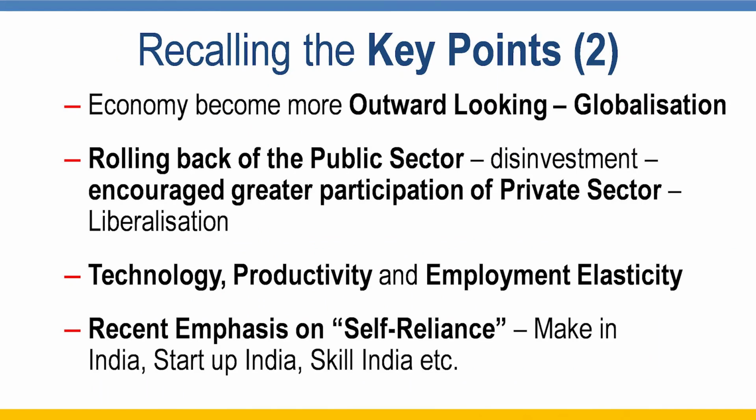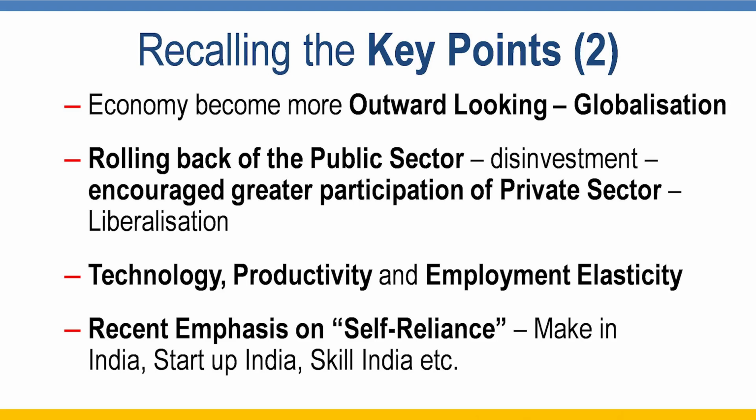The economy became more outward looking during the phase of globalization, starting with the second part of the 1980s, and then full-blown globalization we have seen in the 1990s. And when that happened, there was a gradual rolling back of the public sector.